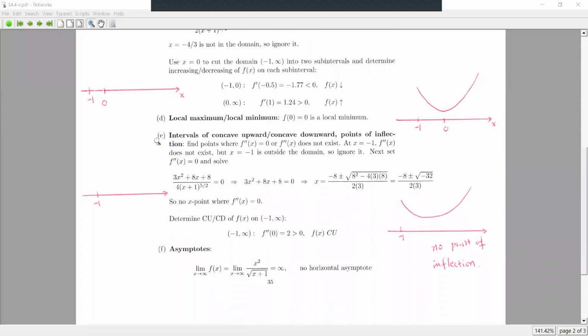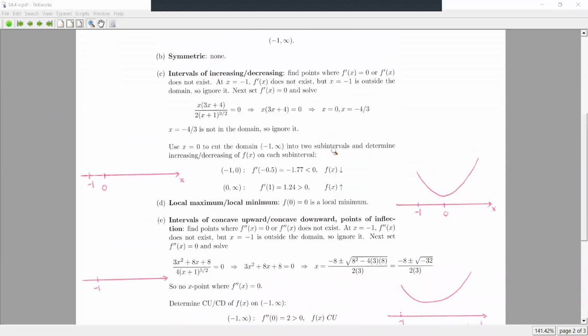Now step 5. Determine intervals of concave up and concave down. Now, for concave up and concave down, you need to consider the second derivative. To find intervals, first, find points where the second derivative is 0 or doesn't exist.